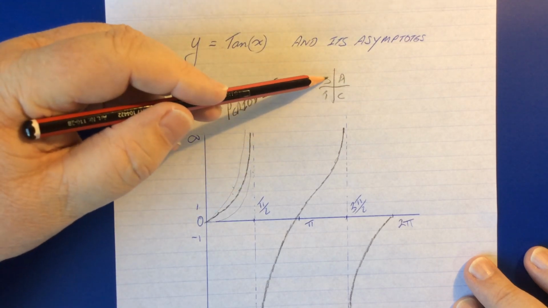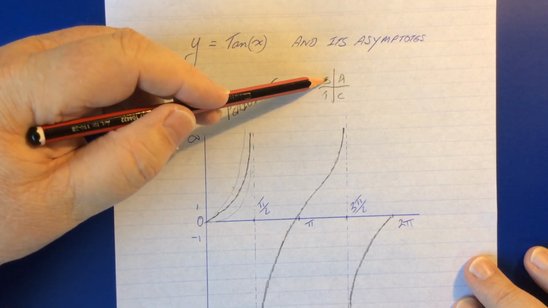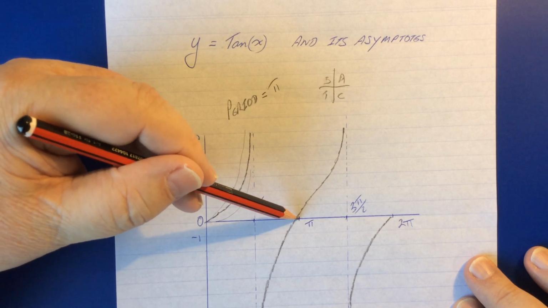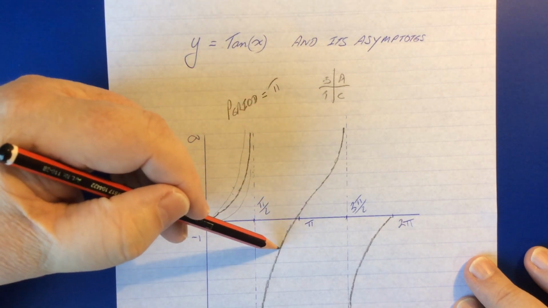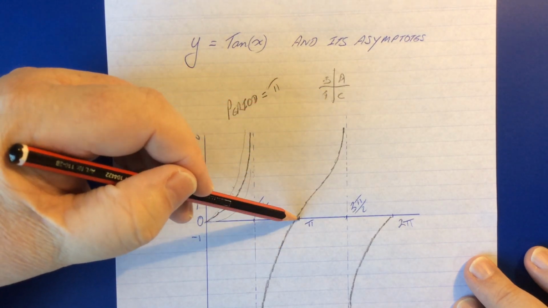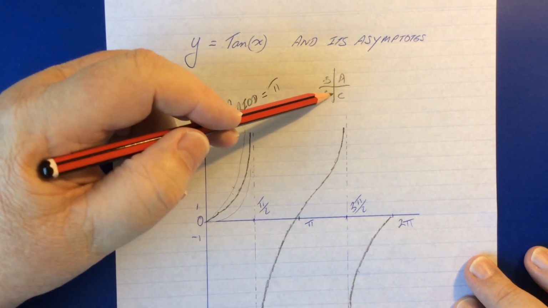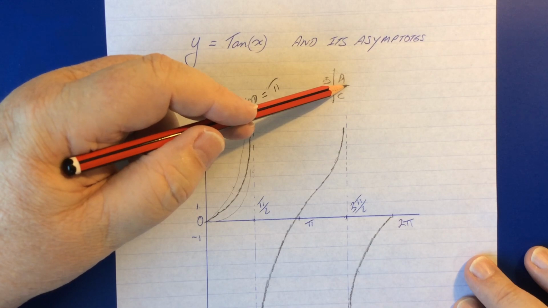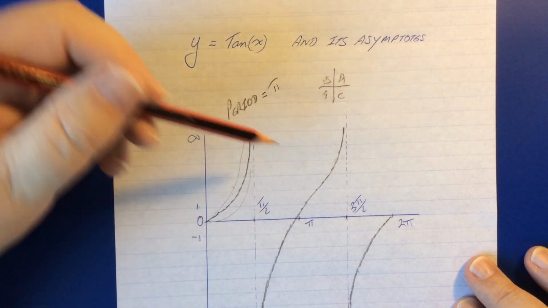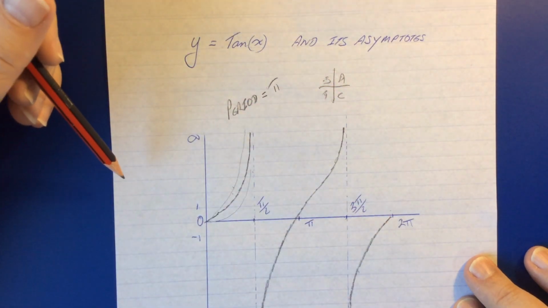They're negative between 90 and 180. And indeed, positive between 180 and 270, and negative again between 270 and 360. Okay, so that's probably the only other thing that I want to say.